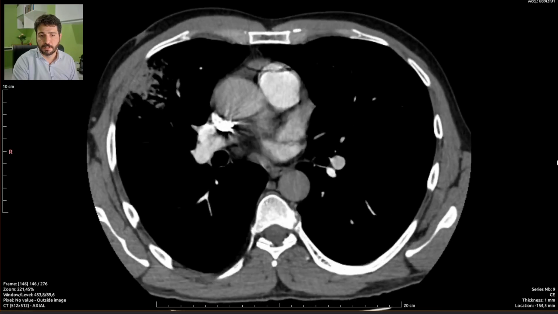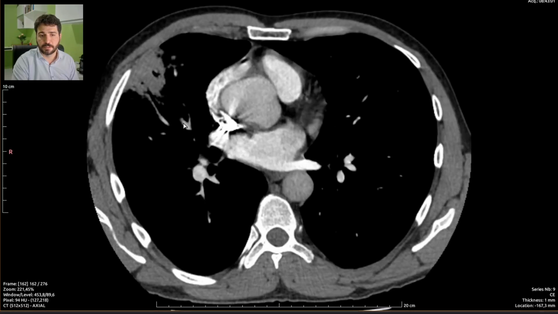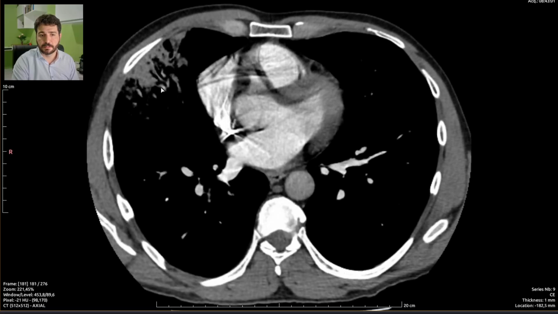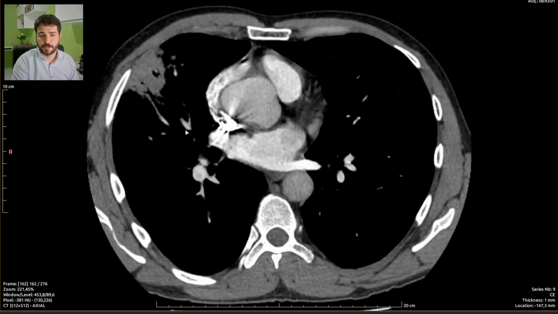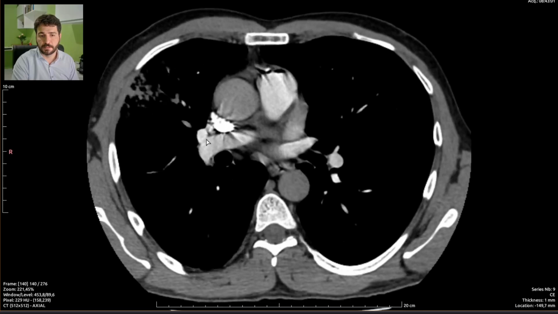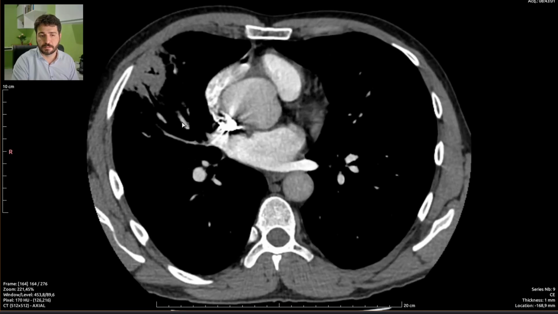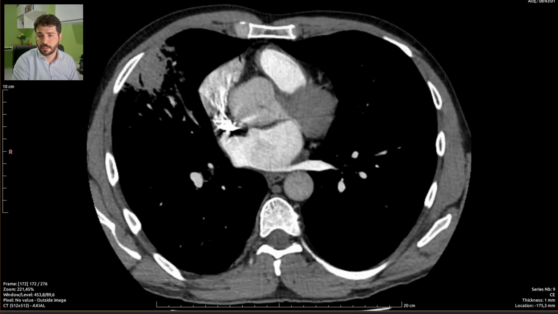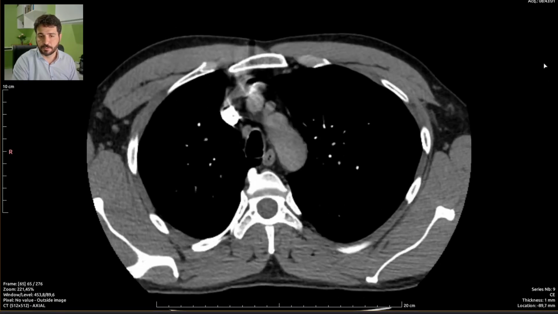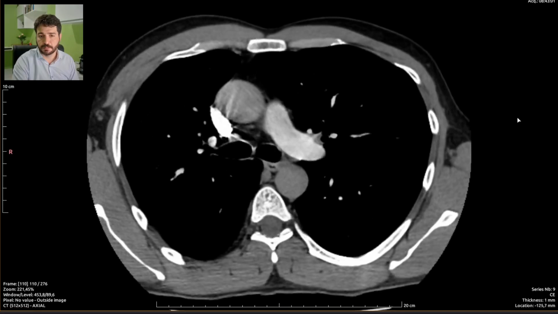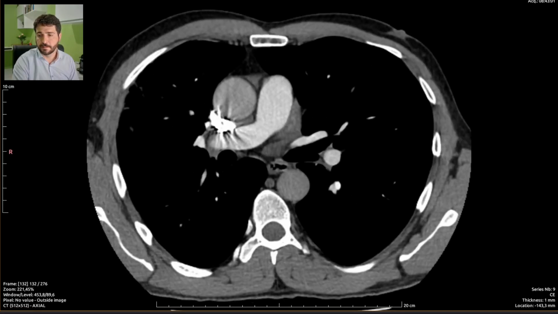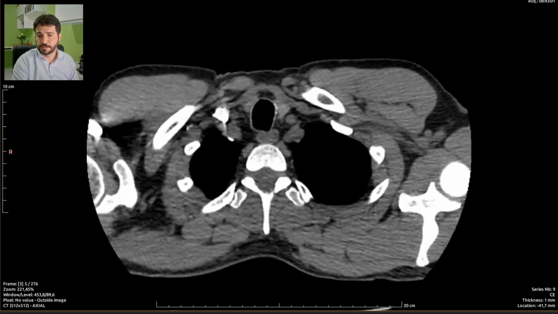So the middle lobe arterial branch is this one. As you guys see, it's perfectly opacified. There is no thrombosis. So this isn't a pulmonary infarction. This is a consolidation.